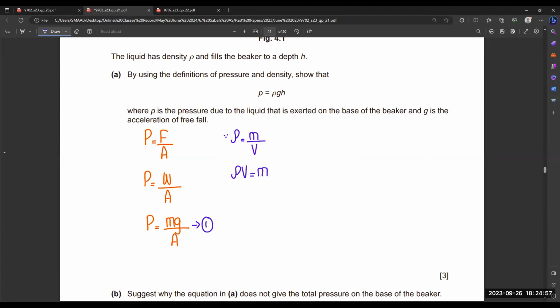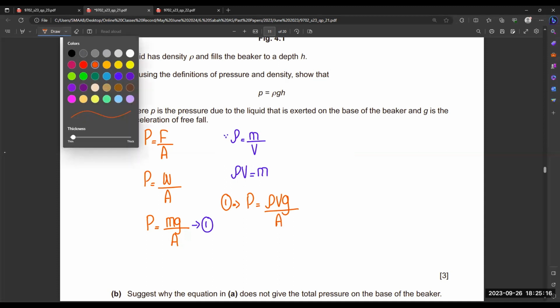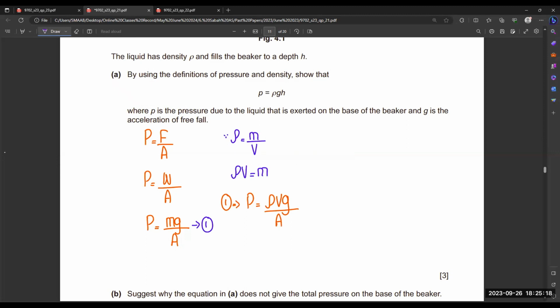So equation 1 can be written as pressure is equal to density times volume times g over A. And finally, you know that volume is also area into height.